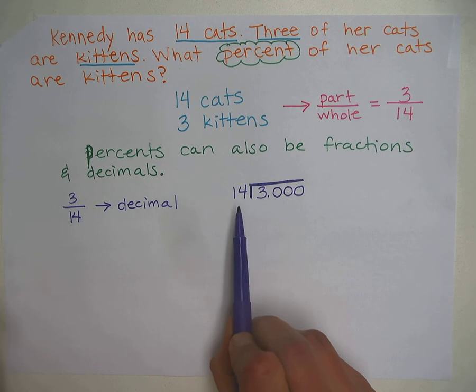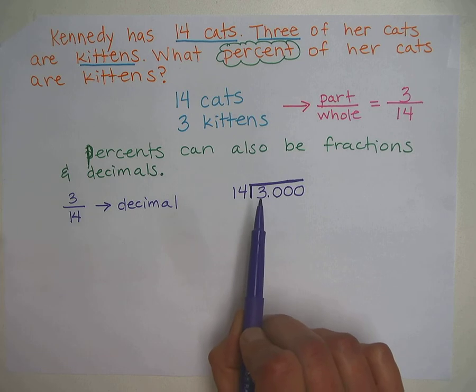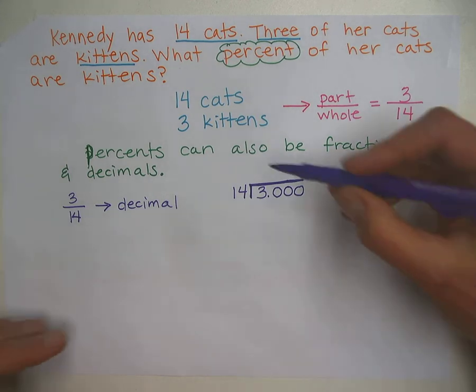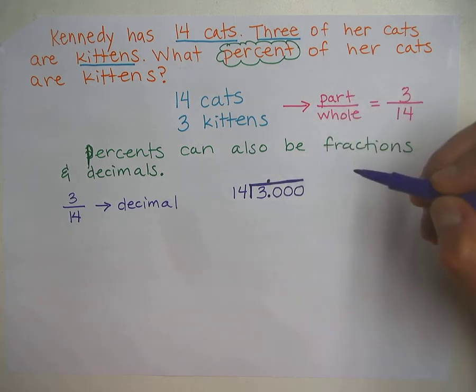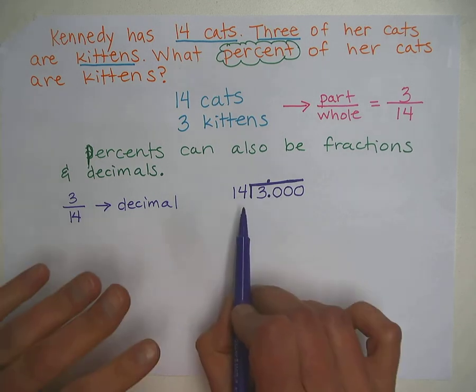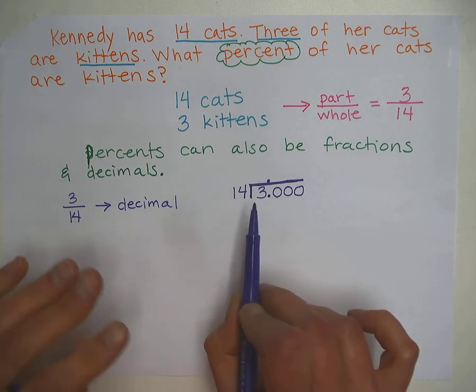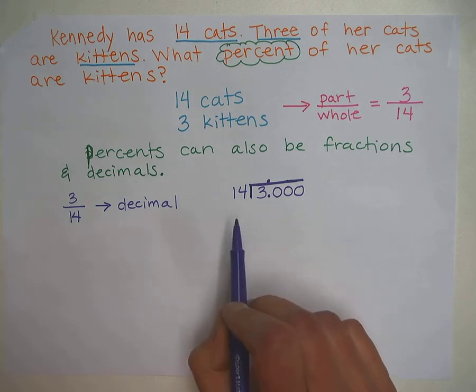So now I have 14 into 3,000. The decimal's still there, but you can kind of ignore it while you do the division. So the first thing, I'm just going to make sure that I bring my decimal up here into my answer. And I'm just going to do the division the traditional way. You don't have to do it the traditional way. If you like doing it the box method or any of the other ways, you can do it that way too. But I'm going to do it the traditional way.